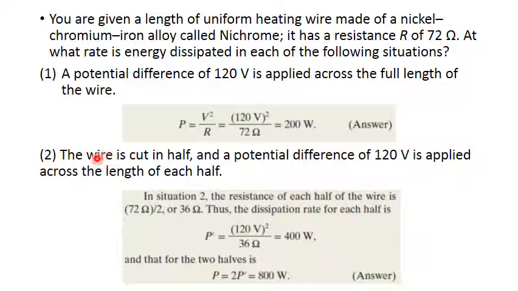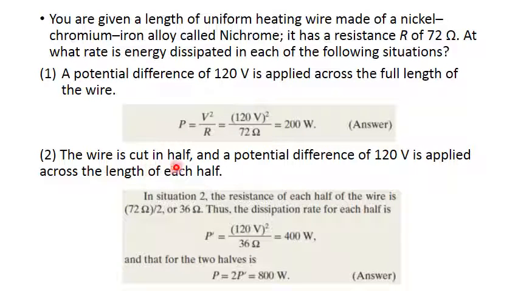The second situation, the wire is cut in half. What does cut in half mean? It means that its length has been reduced to half, but the cross section is the same. So the half of the wire has half of this resistance. It would be 36 ohms.